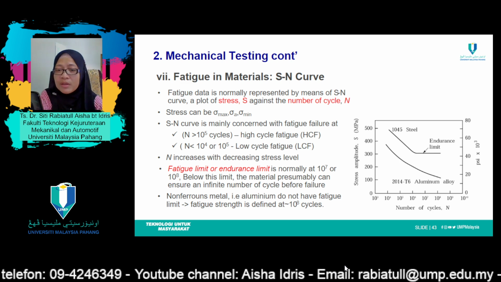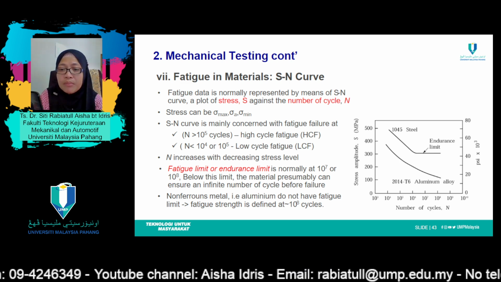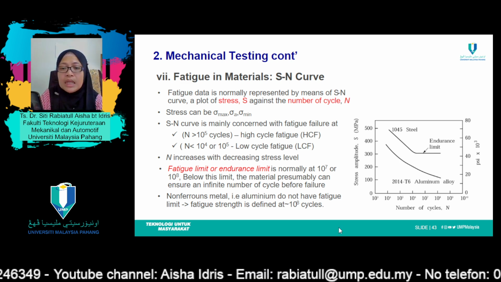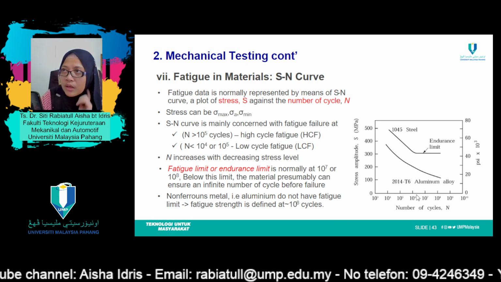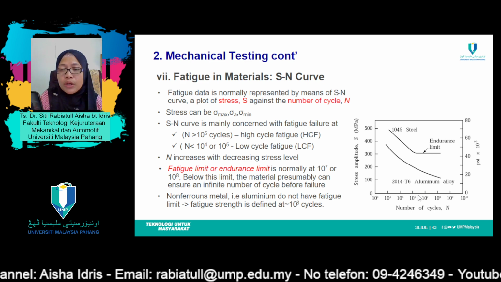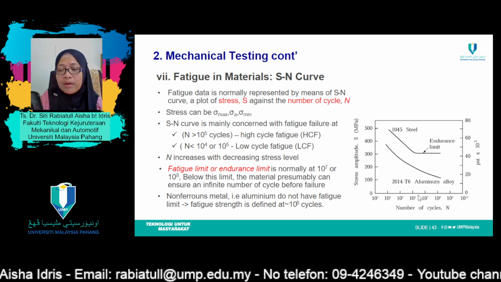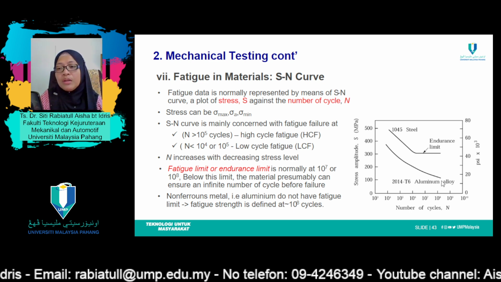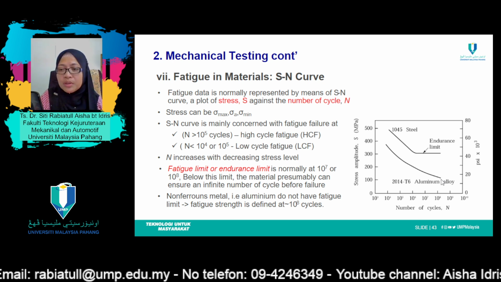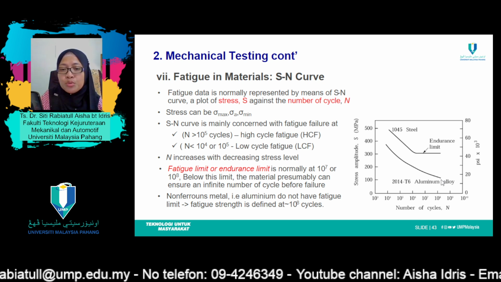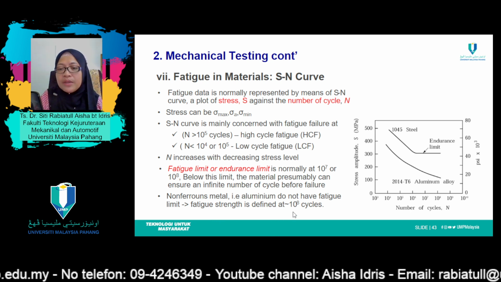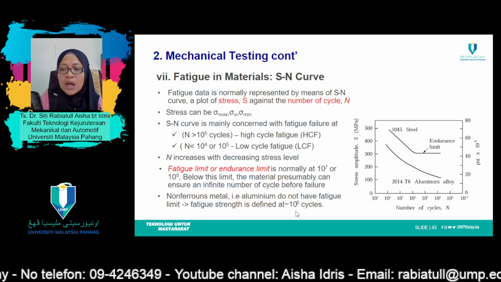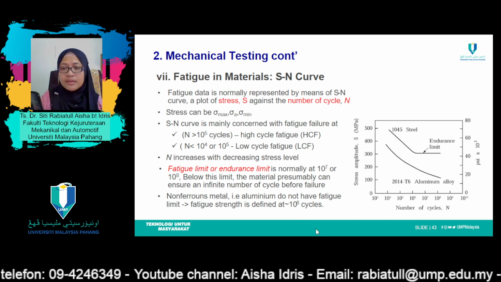However, non-ferrous metals like aluminum alloy do not have a fatigue limit, and that is why when cyclic loading is applied onto non-ferrous metal, it will rupture faster as compared to ferrous metals. Its fatigue strength is defined at around 10 power of 8 cycles.